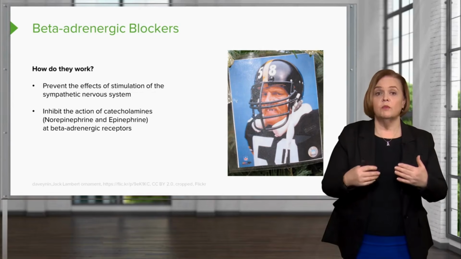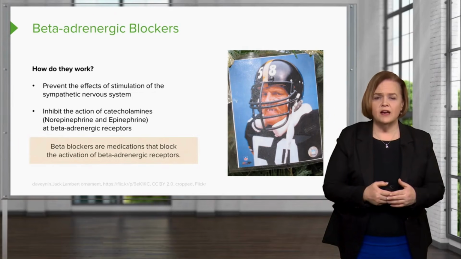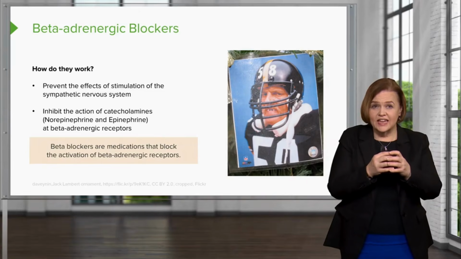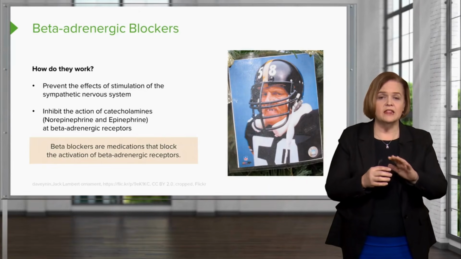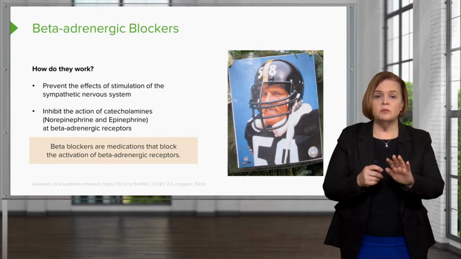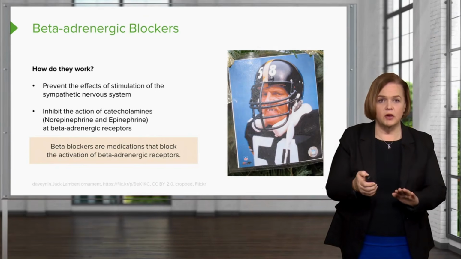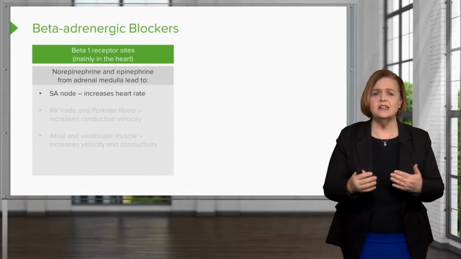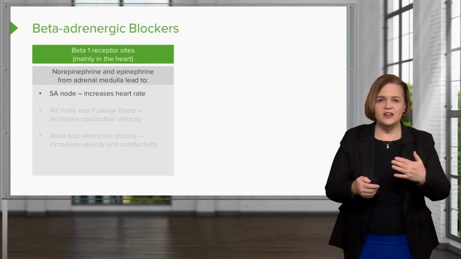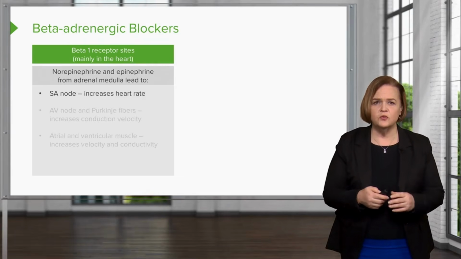That's what beta blockers do. They block that reception. They are medications that fit perfectly onto those beta receptors, and they block those receptors from being activated. And receptors that are blocked means you'll get the opposite response. Now, in case that didn't make sense, we'll go into that again. So don't worry if it's just starting to settle in your brain. I promise you we'll get there.